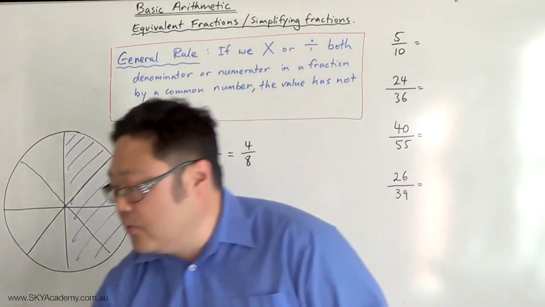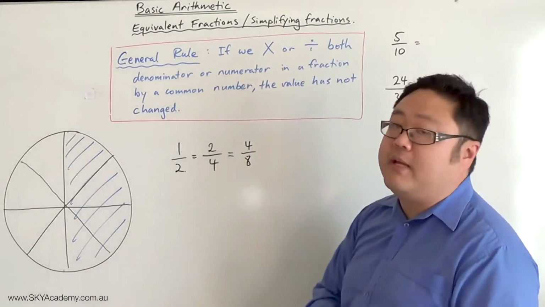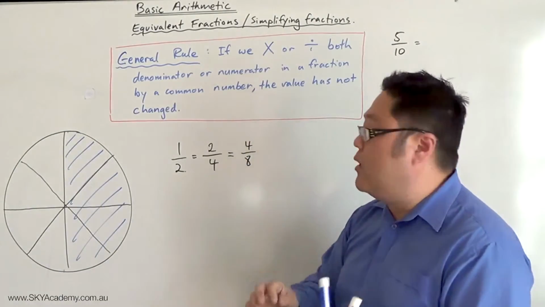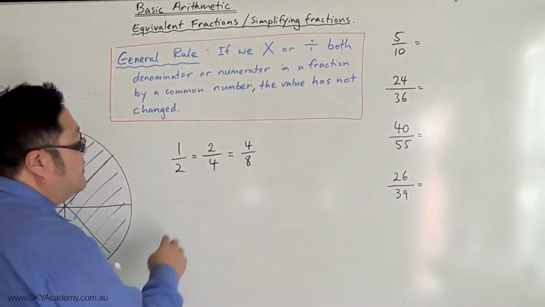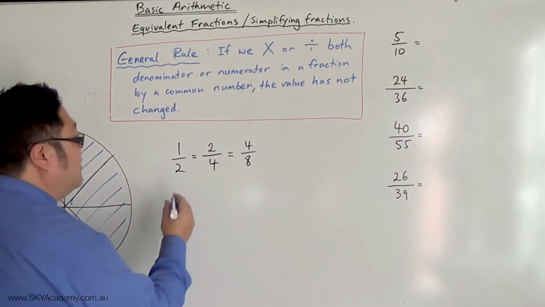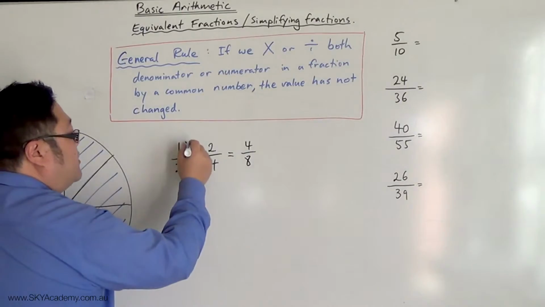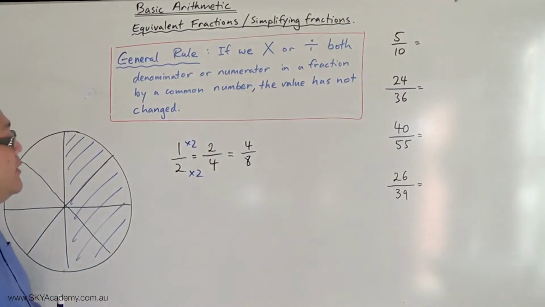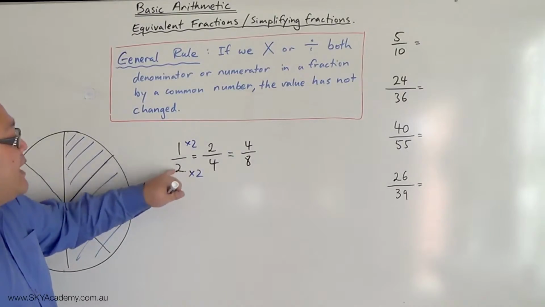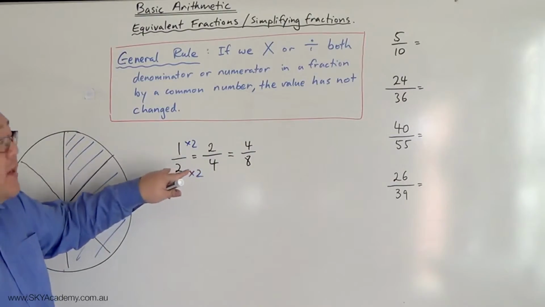And here's the general rule. The general rule is that if we multiply or divide both the denominator and numerator by the same number, or a common number, the value won't change. So in this situation, all these 3 fractions are equal, right? What we do to the bottom is we multiply it by 2, and what we do to the top is multiply it by 2. And by multiplying both top and bottom by the same number, 1/2 becomes 2 quarters, but they're actually equal to one another, okay?